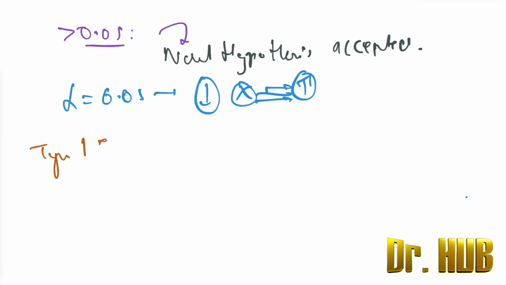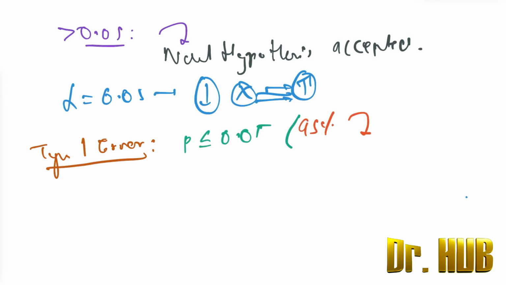Now let's look at the type 1 error. The interpretation of a p-value less than or equal to 0.05 is that an investigator can be 95% sure that the result was not obtained by chance. It also means there is a 5% probability that the result was obtained by chance.